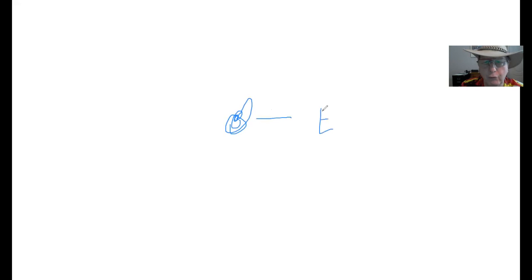Okay, I have an electron cloud over here, and I have another electron cloud over here. All right. These guys are 180 degrees away from one another. Now, if I shove in another electron cloud, this electron cloud is going to push against this one. It's going to push against this one.